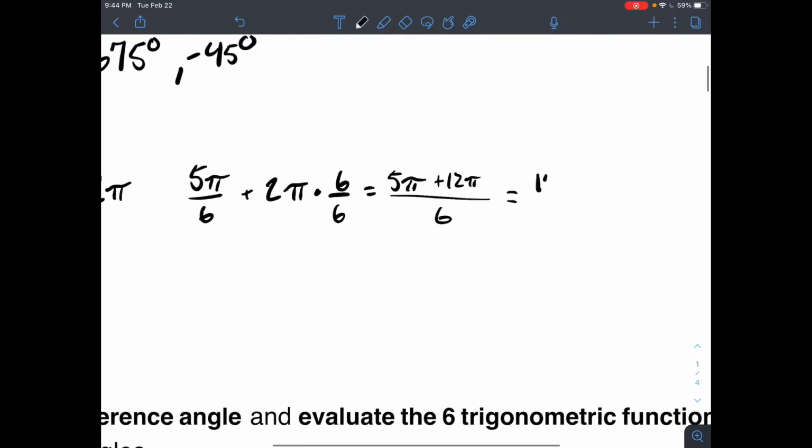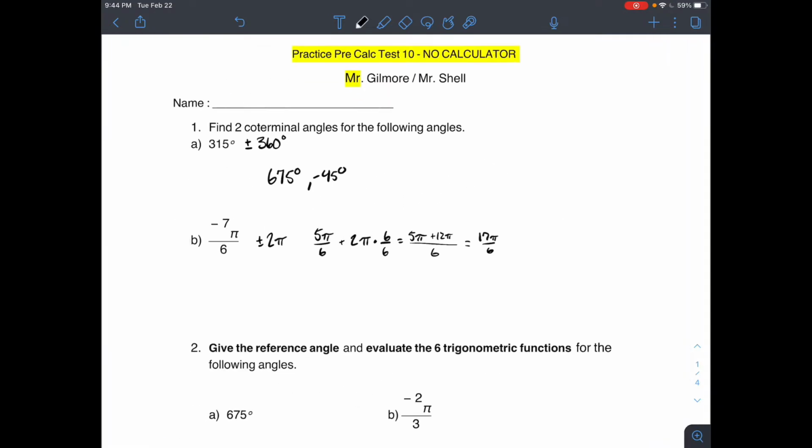That's going to equal 17 pi over 6. So, we have our angles here and here.